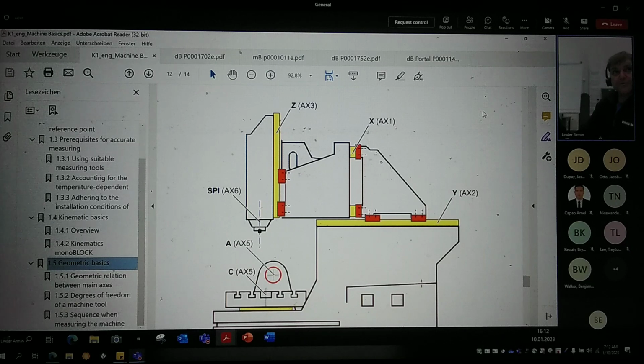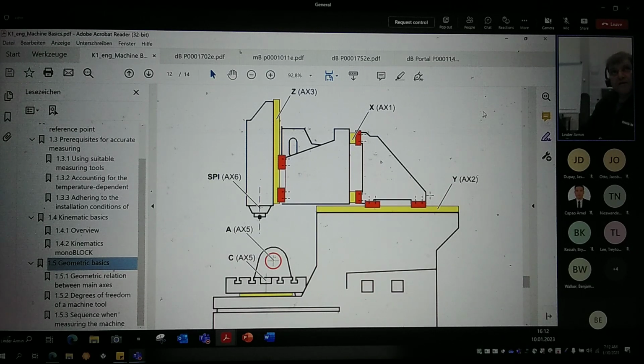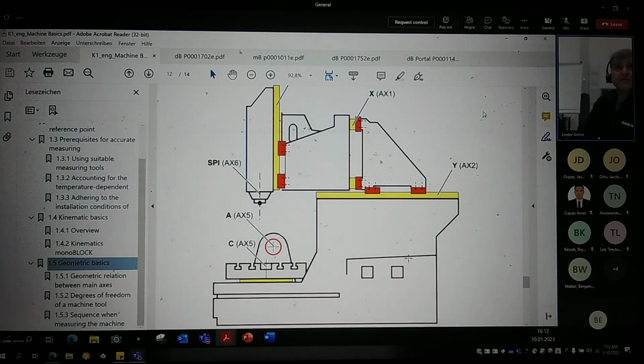So in that case, we have some points where the machine is fixed, or where different bodies are fixed. We have one big machine bed. There we have a fixture for the swivel round table, around here on two sides. And then we have two rail guides for the Y-axis and 4 machine or rail guide shoes.